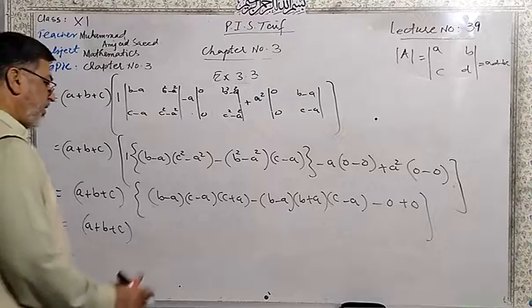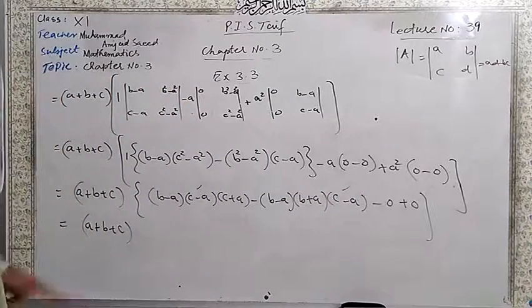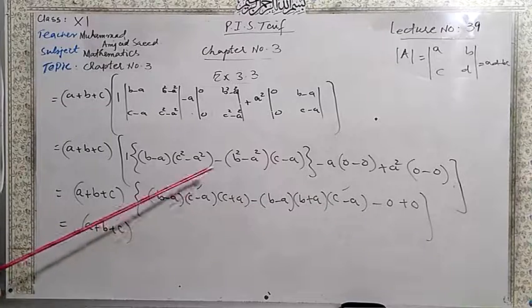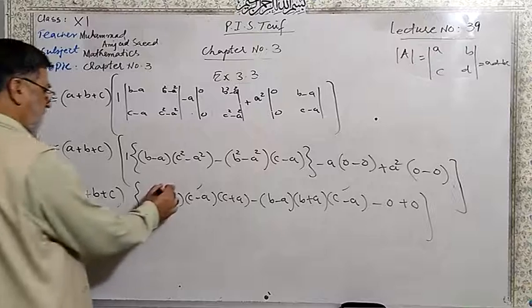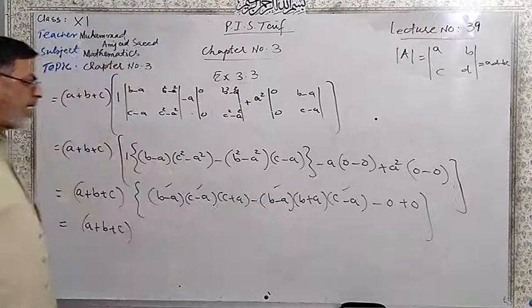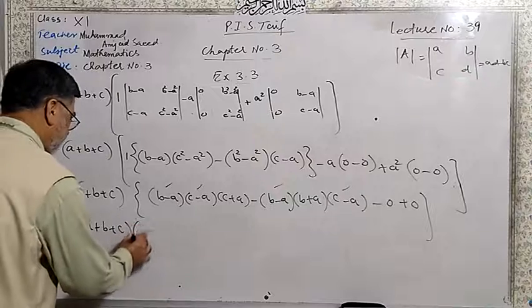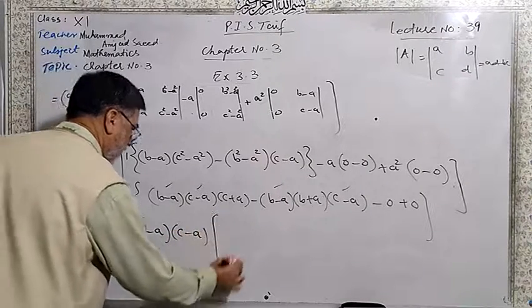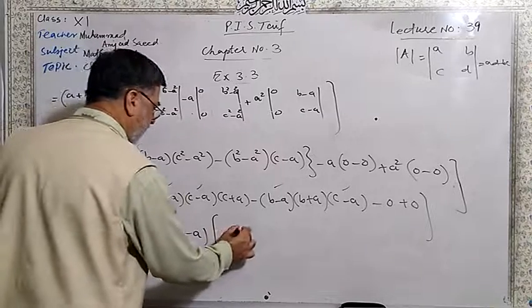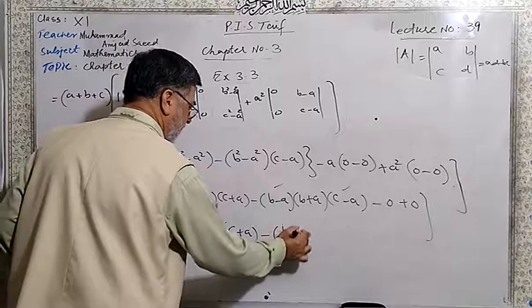You can check, you have c minus a on both sides, in both terms you have c minus a and b minus a also. So take b minus a, c minus a as common. So inside we are left with c plus a minus b plus a.